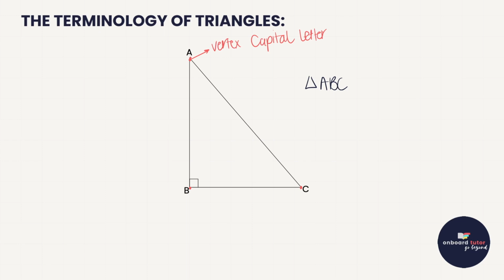And we can also refer to the angle inside here, and when we're doing that, we will put a little hat on it. So that will be angle A with a hat, okay? The angle links to the vertex, so we want a capital there. All right, if we refer to the sides, then we need to change it up a bit. So let's look at this side here.